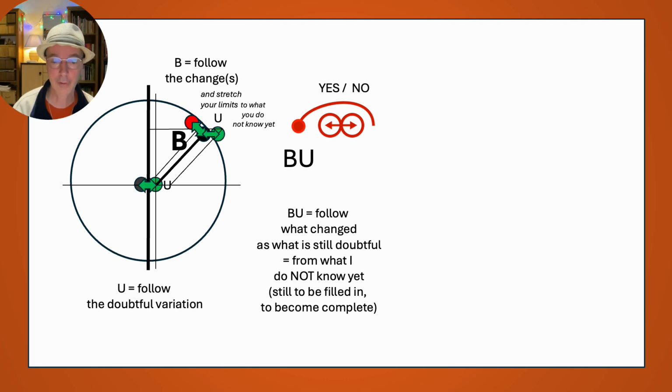It's doubtful, and we follow what we don't know yet in order to make things complete in the end, to fill it in so that we can become complete. Let's say U is incomplete. We follow something we don't know yet. It's like in a conversation. When we follow U, we follow something we don't know yet fully, and we try to fill it in after a while.